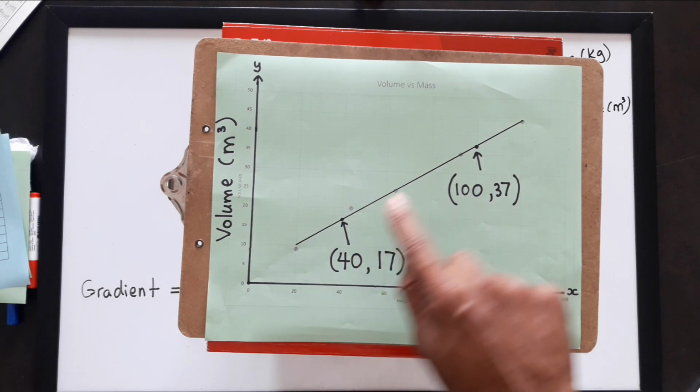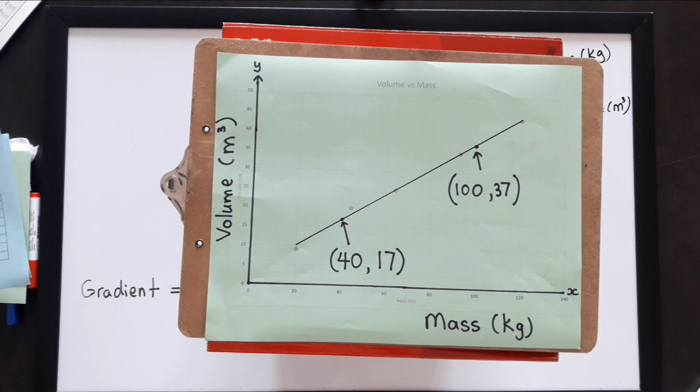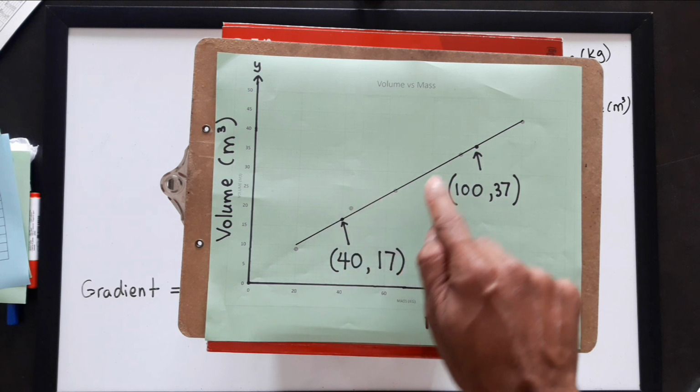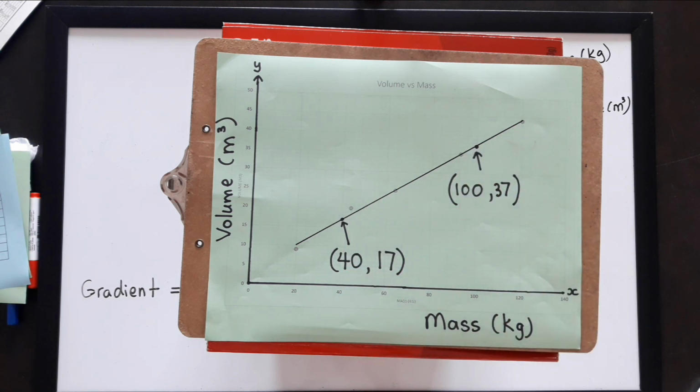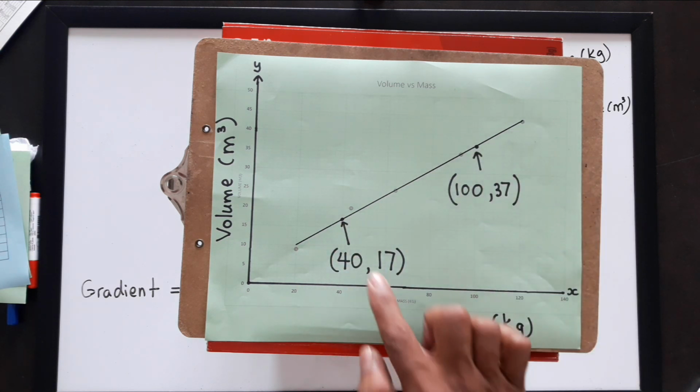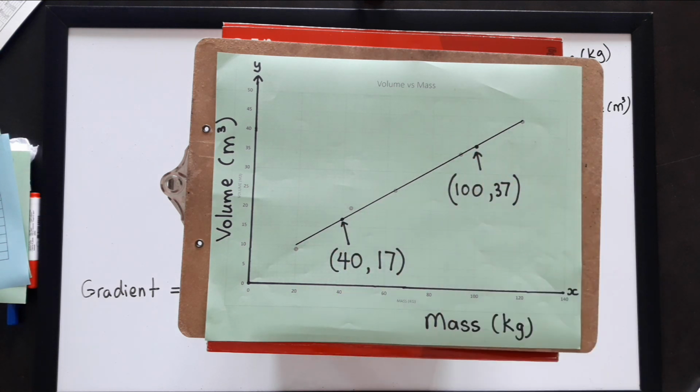So what we're going to do, I'm going to calculate the gradient of this line, and I'm going to show you what the gradient of this line represents. So once again, to calculate the gradient, I did not choose 2 of my original plotted values. After I drew the best fit line, I took 2 brand new points.